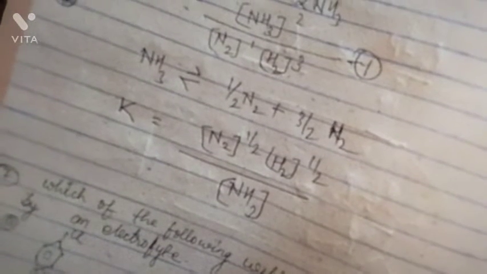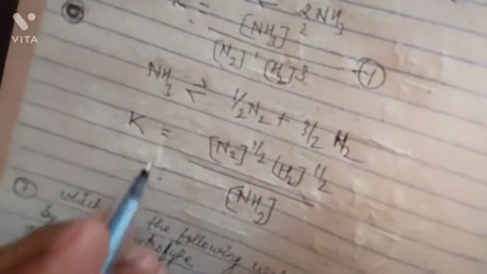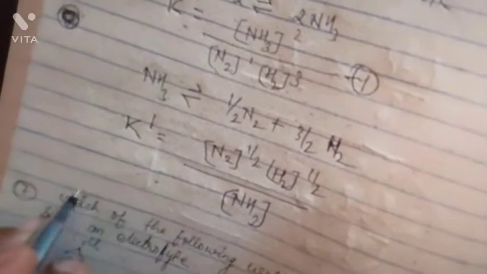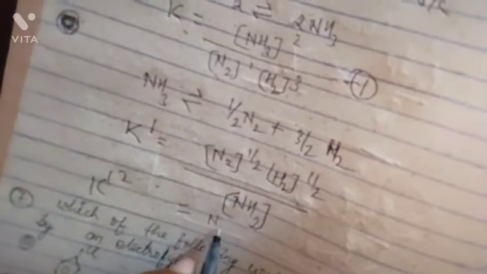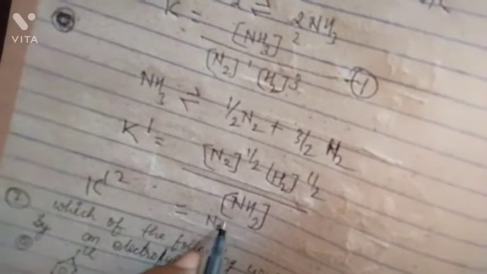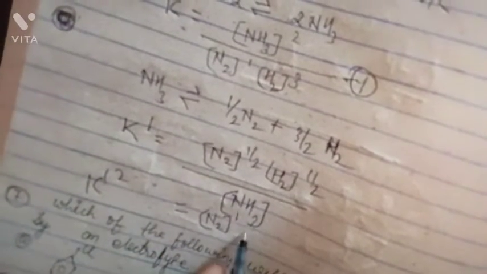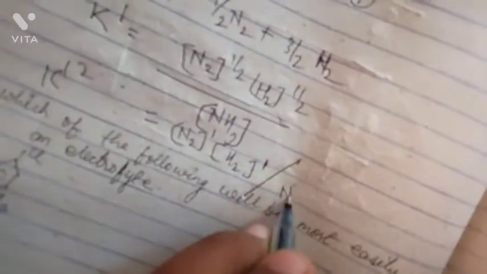The stoichiometric coefficient is written as a power in the expression of the constant. So we have K dash equal to this for the second reaction. K dash square will be N2 to the power 1 into H2 to the power 3 upon NH3 to the power 2.